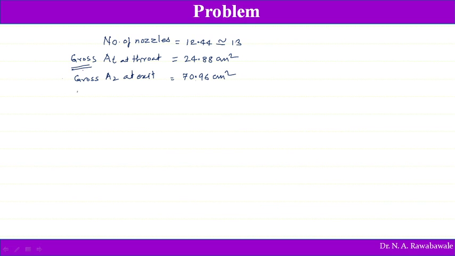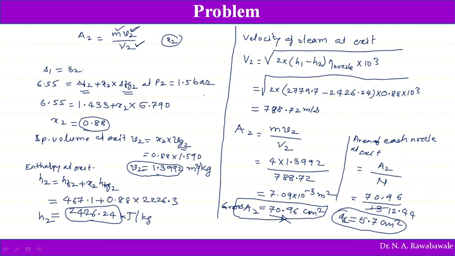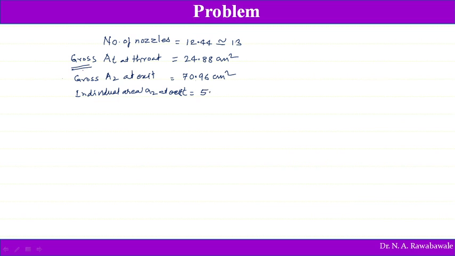The individual area, small a2, at exit is equal to 5.7 centimeter square. Whichever area he is asking, individual area at exit or gross area at exit, we have obtained both. So this is how we have summarized the answers.